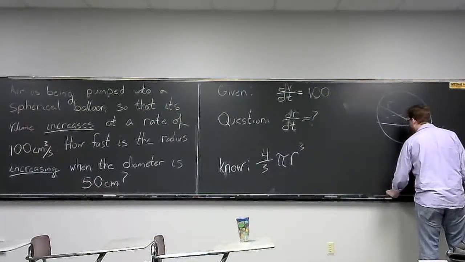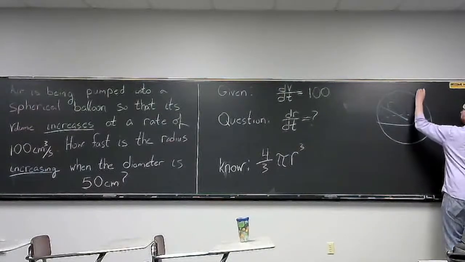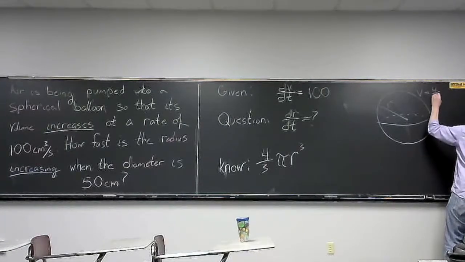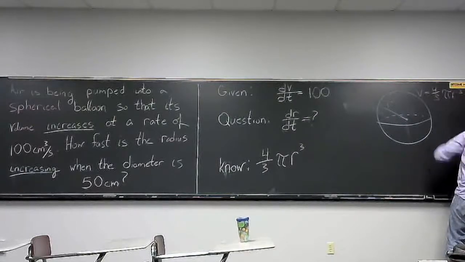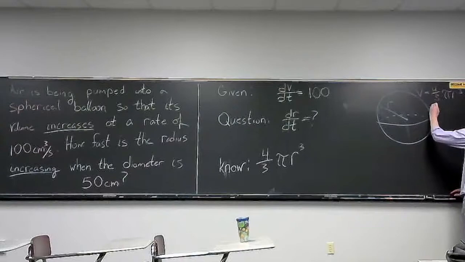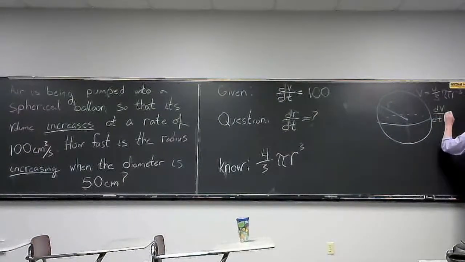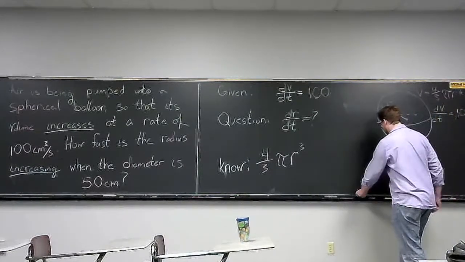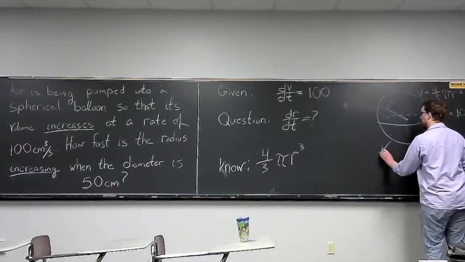The balloon has some volume, V, equal to 4/3 pi r cubed. And we know that dV/dt is equal to 100 cubic centimeters per second. Okay, so this thing is growing.